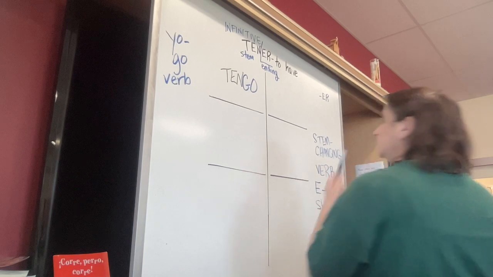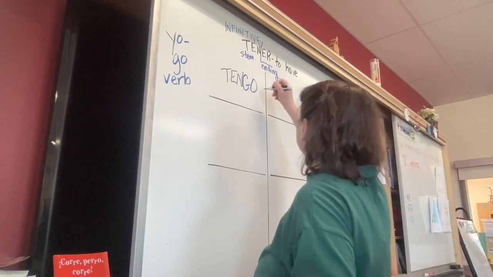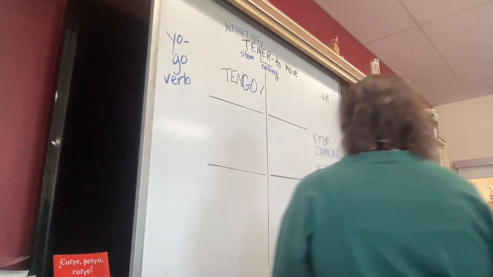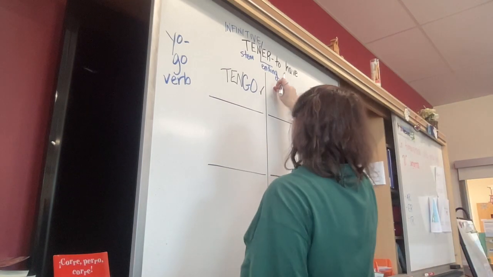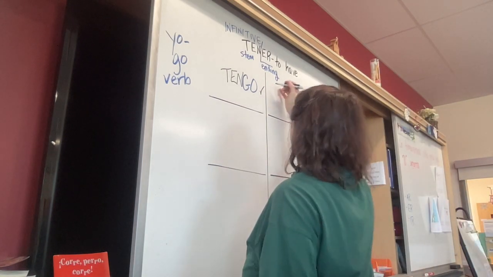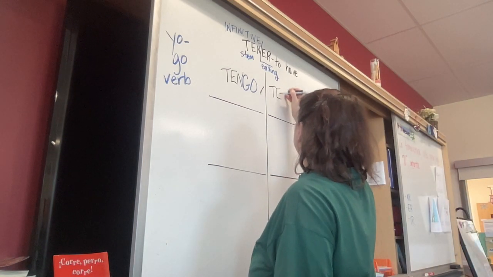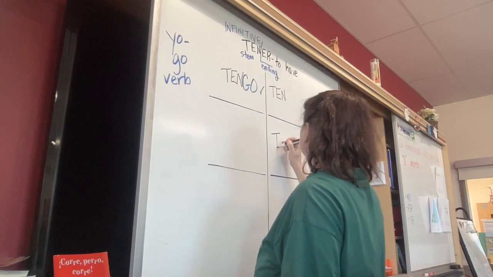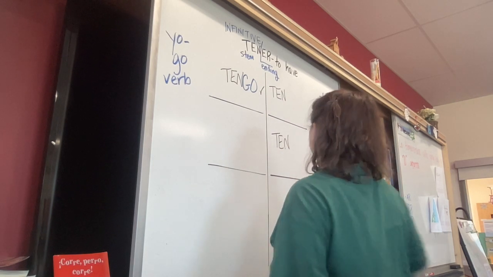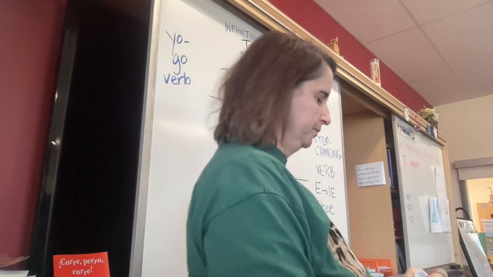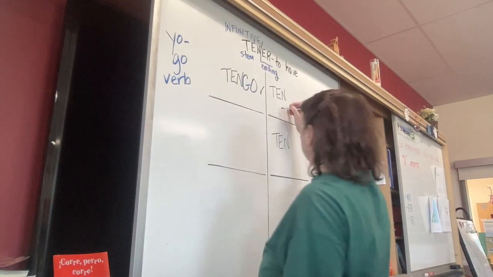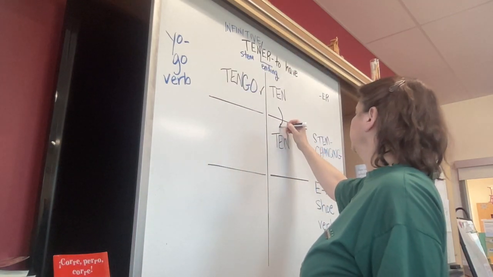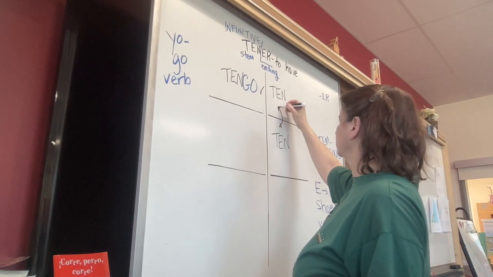Okay, now we're finished with that form. The nosotros and the vosotros, they are also going to have the same stem, just like in the original. And you're going to draw an arrow here between nosotros y vosotros.